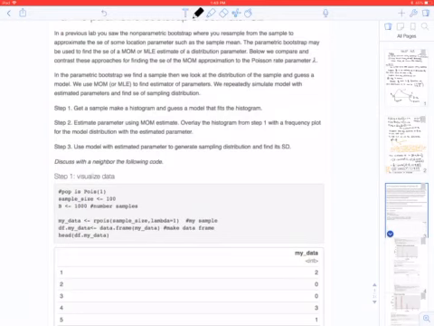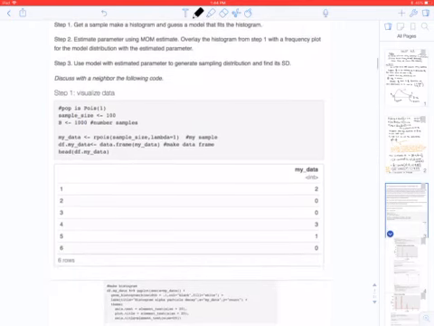Then we're going to estimate the parameters, perhaps using a MOM estimate. And once we're happy with our model, then we're going to draw samples from that model, and that will give us our sampling distribution, and then it's easy to find the SD in that case.